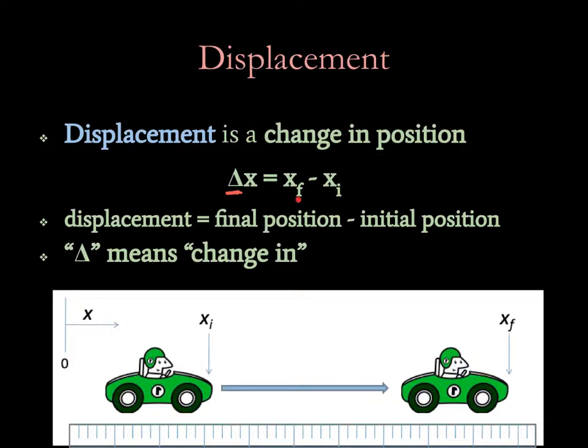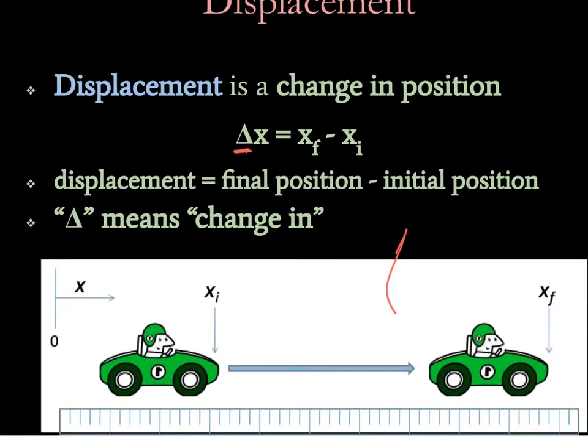So we're subtracting the initial position from the final position. In this case down here, we have our car starting at 0, and let's say this is 10 meters, so delta x equals 10 meters minus 0 meters, so delta x is 10 meters.